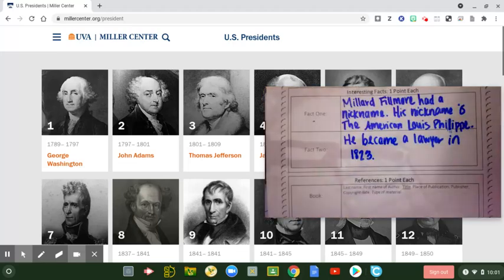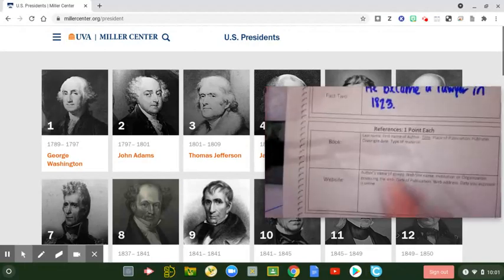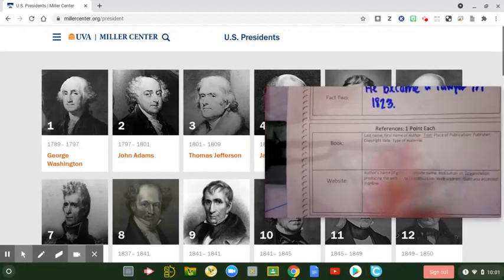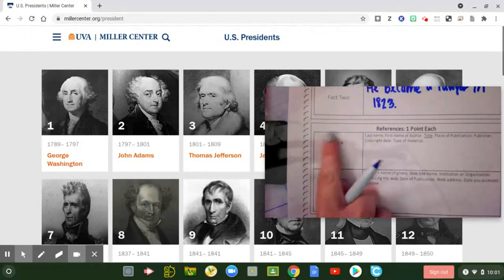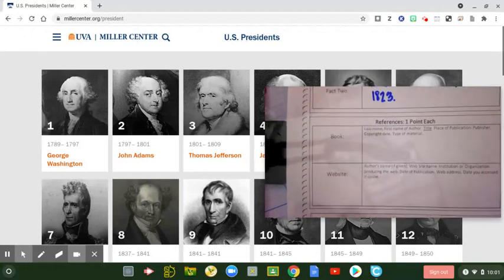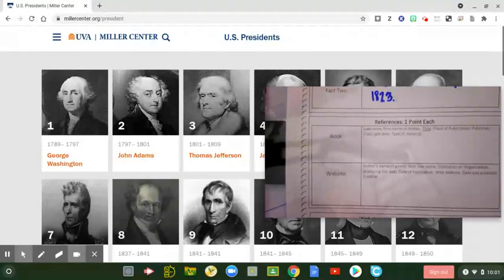All right, so we have references to do at the bottom. We are going to write one for one of the books, and then we are going to write one for one of the websites, okay? We are going to do this after you fill out your outline. So you're going to do your outline first, and then we are going to do it together.